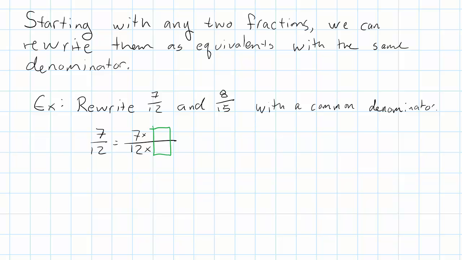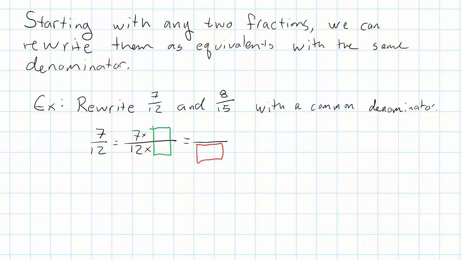We aren't ready to decide what the number in the green box is going to be yet, but we know that it's going to have to be the same thing in the numerator and the denominator. When we do that, we're going to get a new way of writing the same number. We're going to get an equivalent of 7/12 that has a denominator that's different from 12.